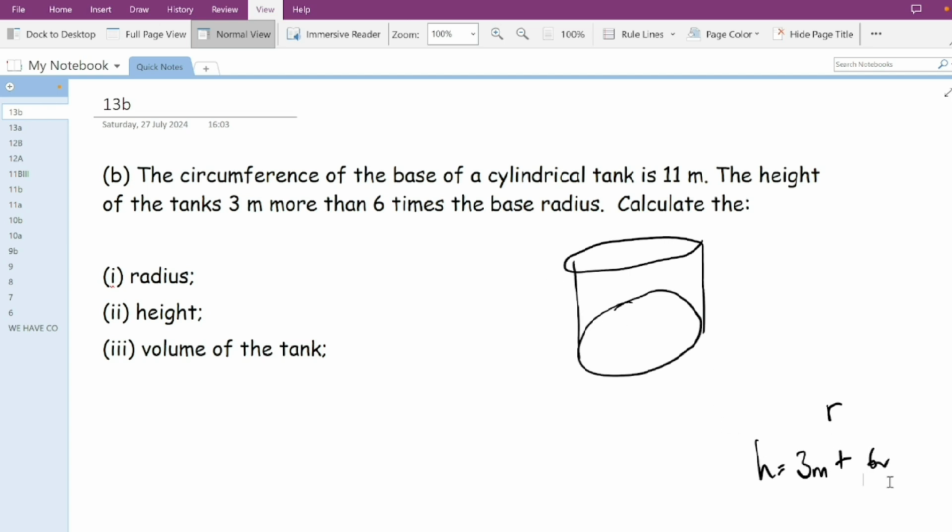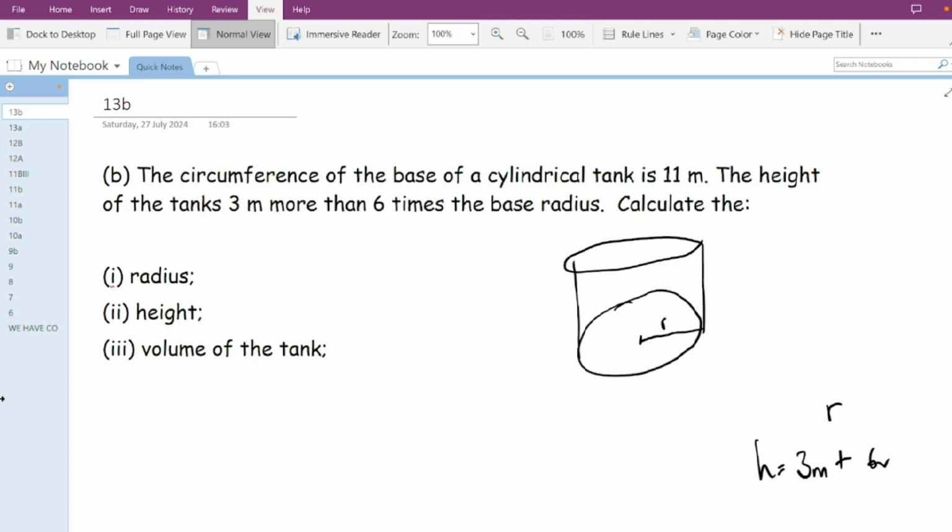The height is 3 more than that, so you first find 6 times r, then plus 3 more. So 6r plus 3 gives you the value of the height.